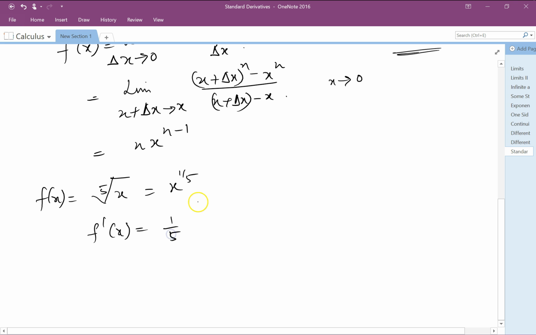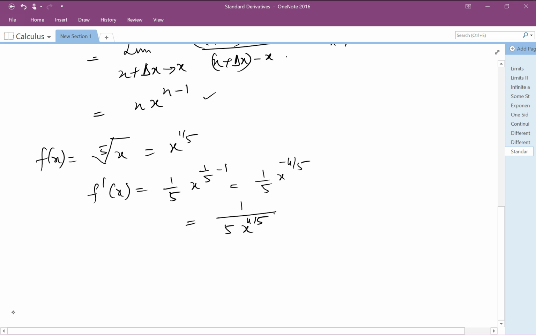Apply this: 1 by 5 x to the power of 1 by 5 minus 1, which is 1 by 5 x to the power of minus 4 by 5, which can be written as 1 by 5 x to the power of 4 by 5. Yes, it makes life very, very simple to find the derivative of a function of the form x to the power of n.